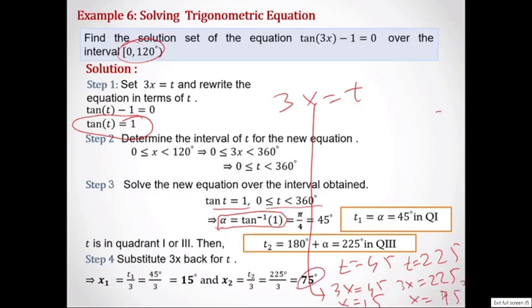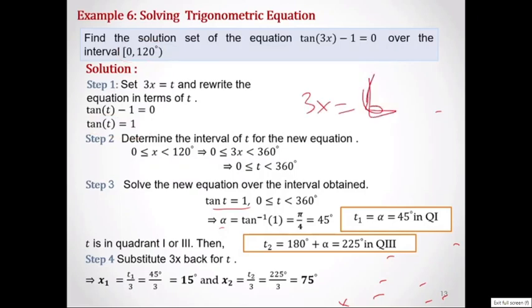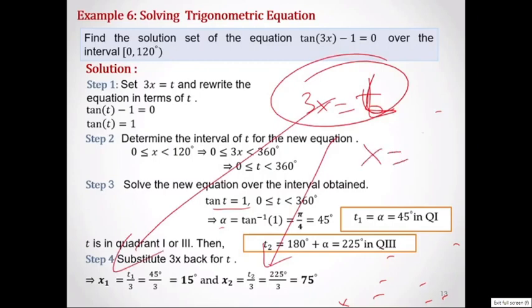So these are the angles we got here. So you have to establish the relation between 3x and t. So x is always t over 3. We use them here.